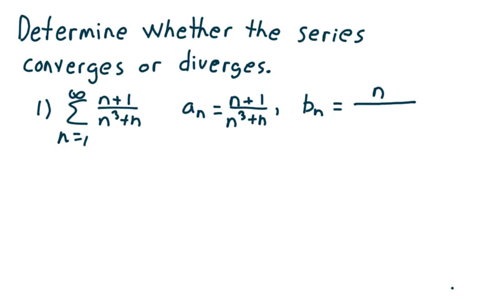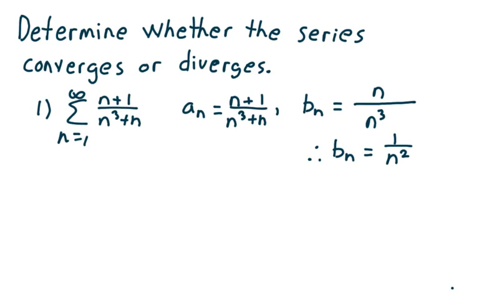Now, in the denominator for b sub n, I'm going to write n to the third, right? Why? Because if I look at a sub n, the term with the highest degree in the denominator is n to the third. So that makes a suitable choice for b sub n. My choice will be n over n to the third. But if I simplify that, I get b sub n is equal to 1 over n squared.